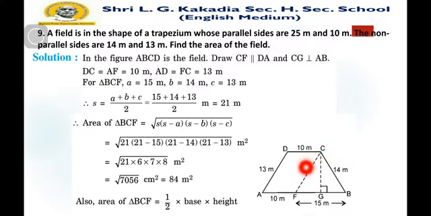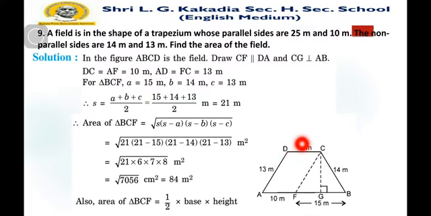Now first, what do we do? We draw one parallel line, and also the non-parallel sides are 13 meter and 14 meter. First we draw a line parallel to one of the non-parallel sides. Let me draw FC parallel to AD. So here you can see that quadrilateral AFCD is a parallelogram.